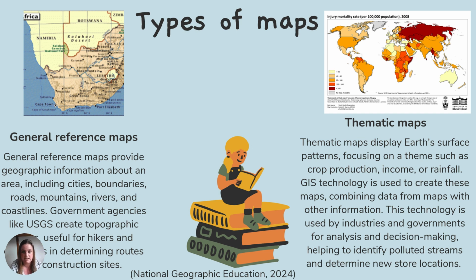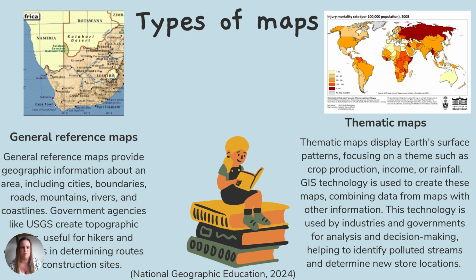GIS technology is used to create these maps, combining data from maps with other information on it. This technology is used by industries and governments for analysis and decision making, and helping to identify polluted streams and determine new store locations. So, if they want to put a new store somewhere, they look at the map and they'll be like, okay, that is a great location because it's got water, it's got low lying areas.